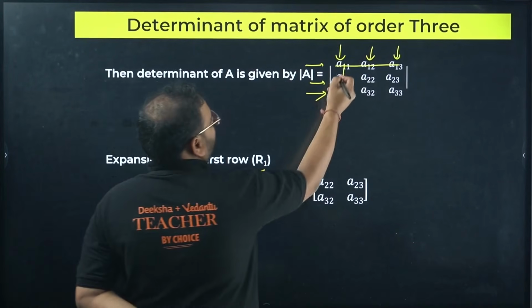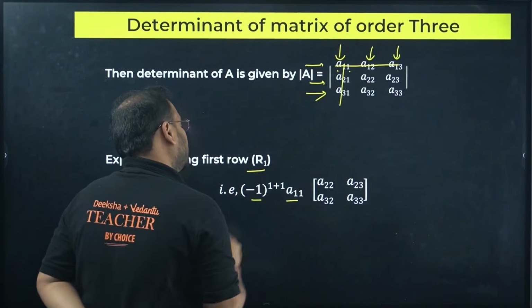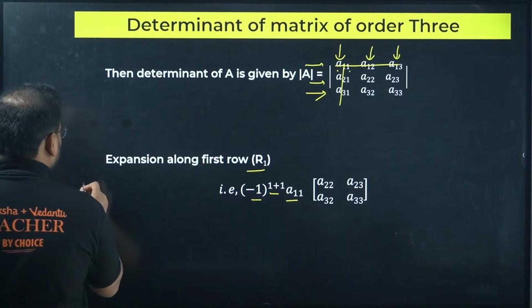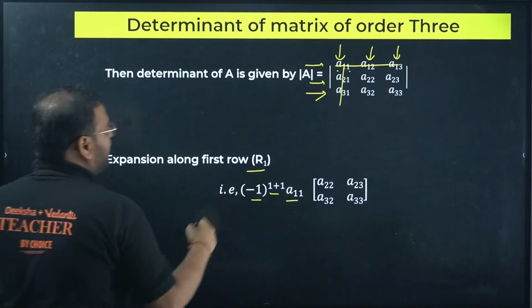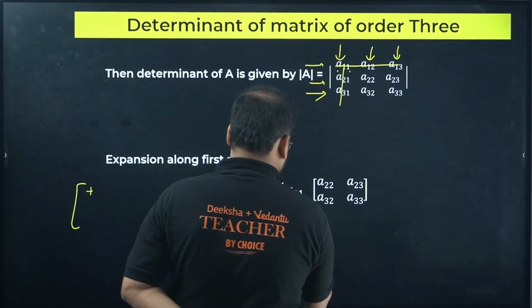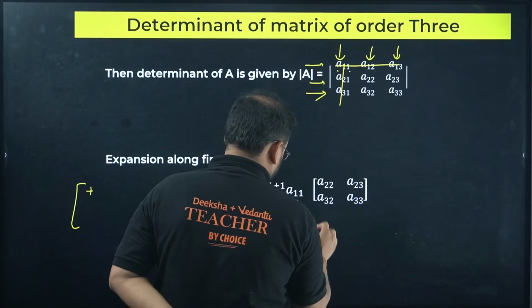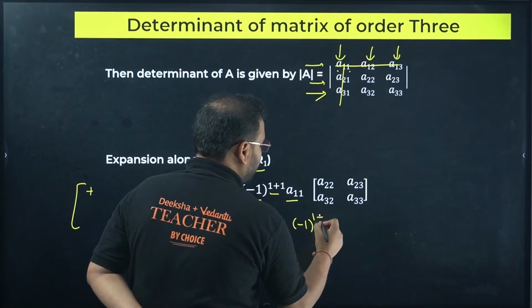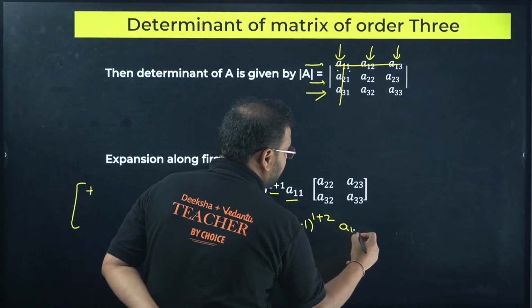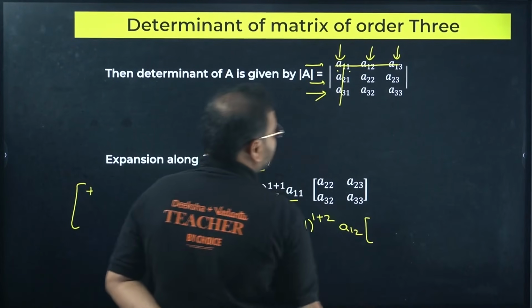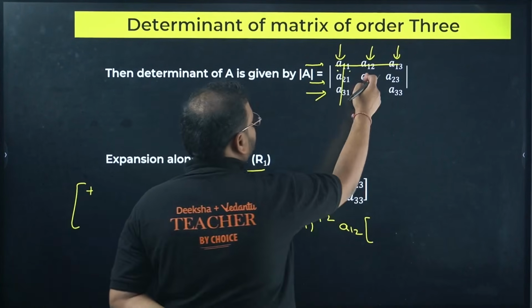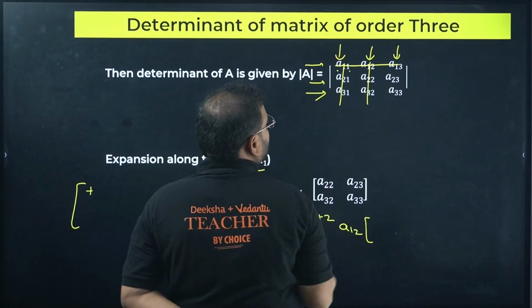Check here, 1 plus 1, even or odd? Even, so the first position is positive. Move on to the next element. We'll have here plus minus 1 power 1 plus 2, because the element is A12. When you talk about A12, you remove this particular column.